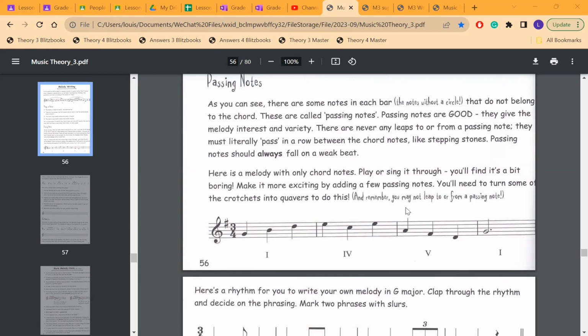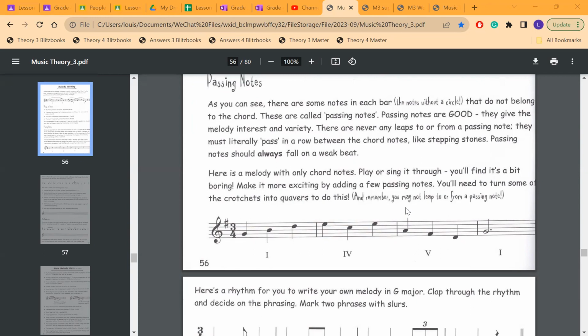So it sounds good. These chord notes are only for your basic starting point, kind of like how with rhythm writing we just have straight or dotted crotchets. Here the chords give it a bit of general framework.